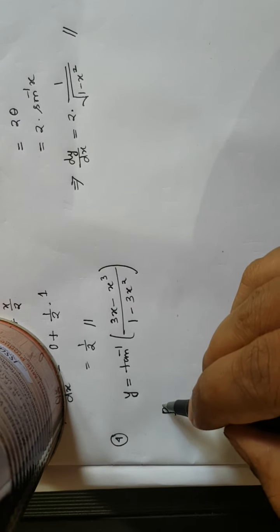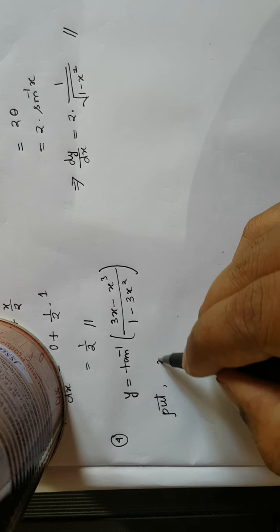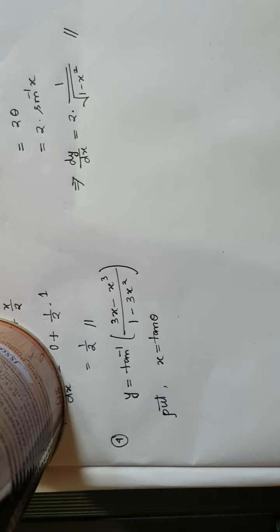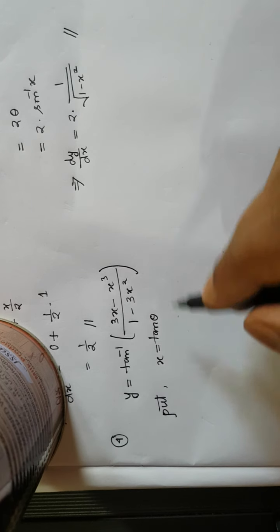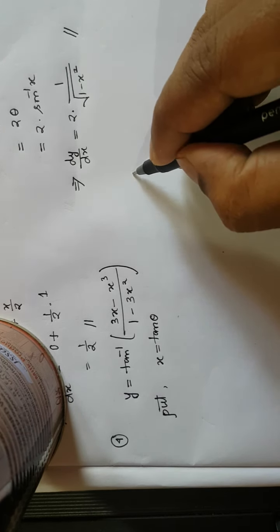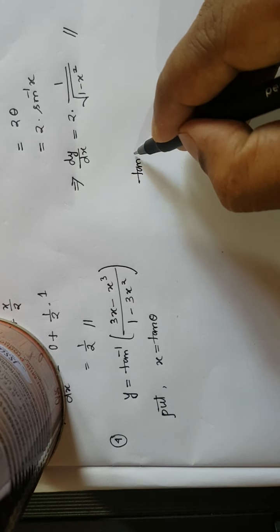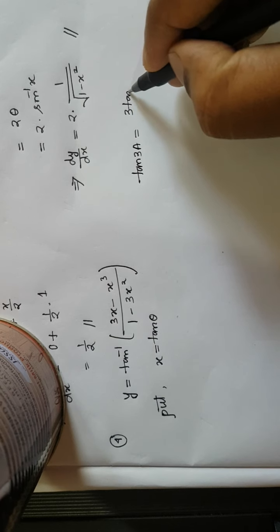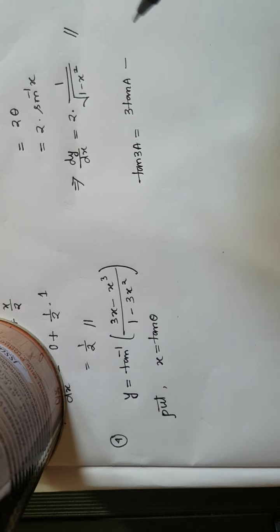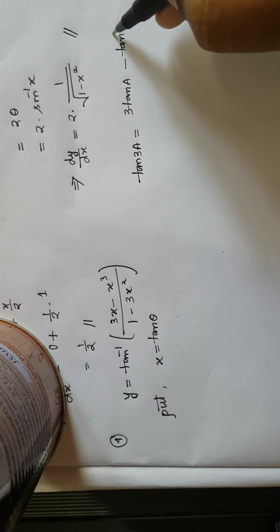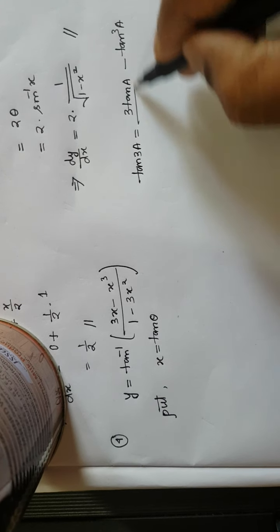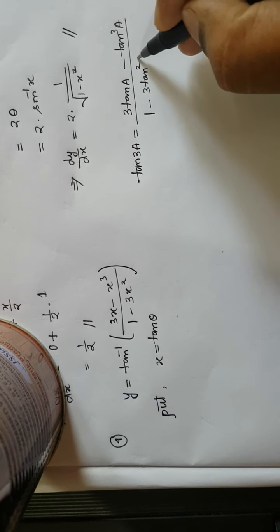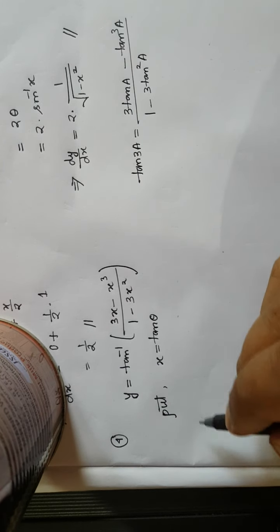Now put x equal to tan theta. We know tan 3a is equivalent to (3 tan a minus tan cube a) divided by (1 minus 3 tan square a).